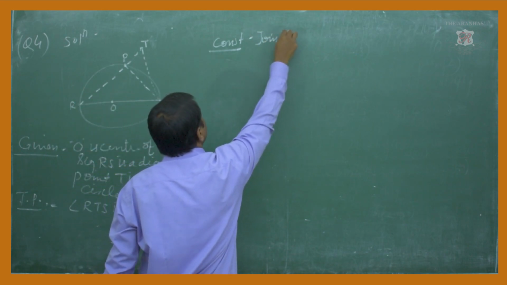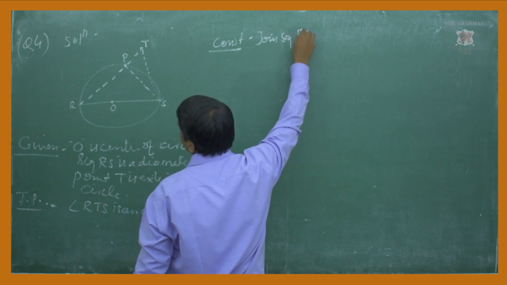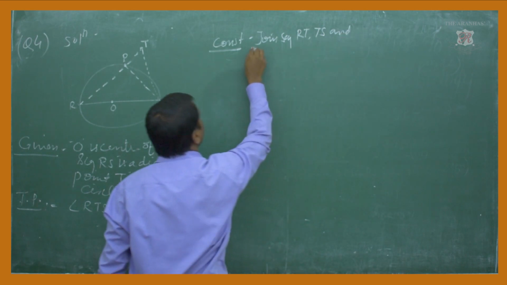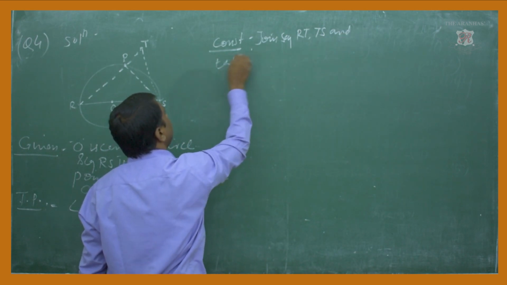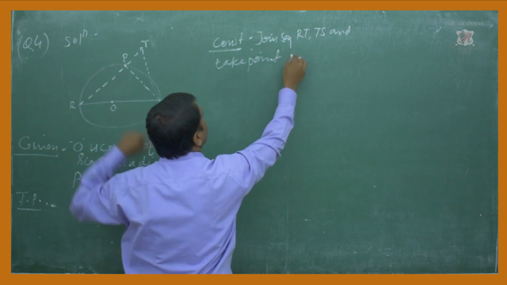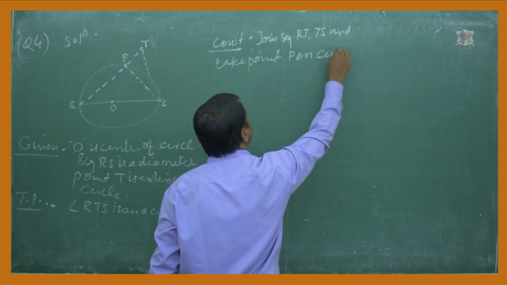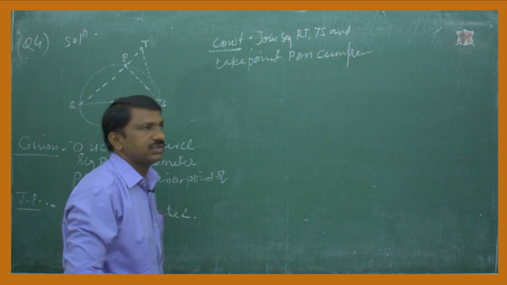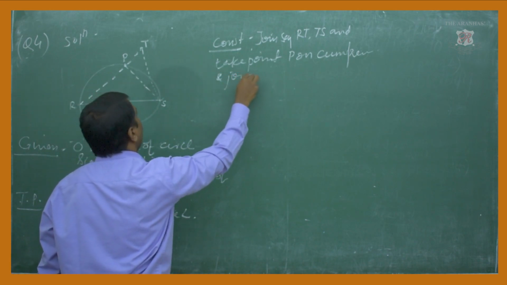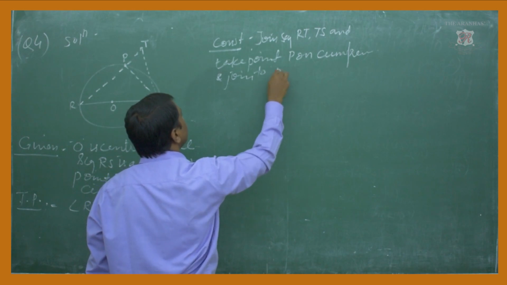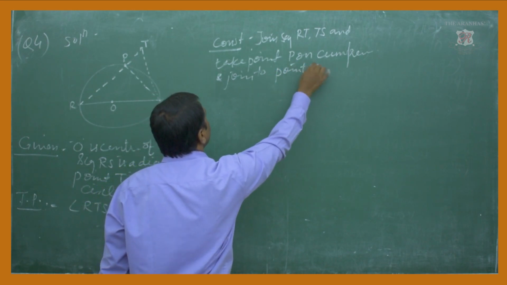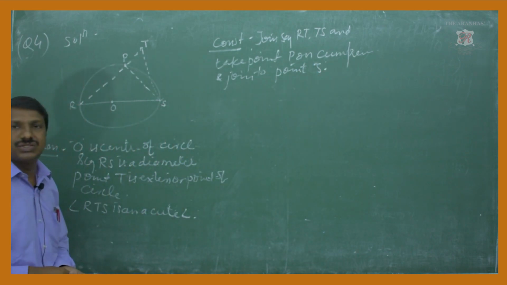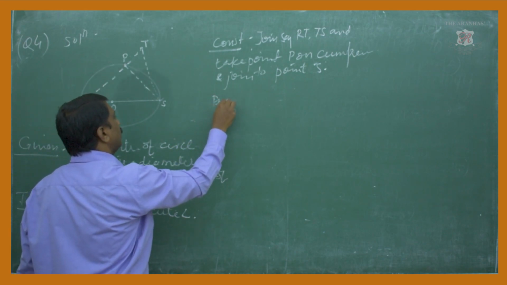Join the segments RT, then TS, and take a point P on the circumference, and join it to the point S. Just like this, the construction is done. And now after that we can discuss the proof.